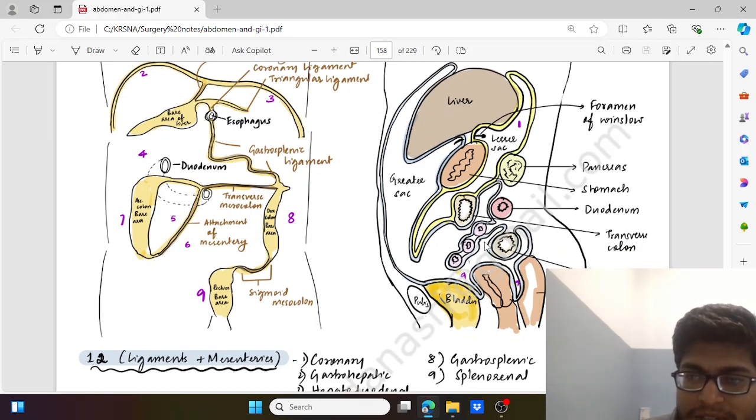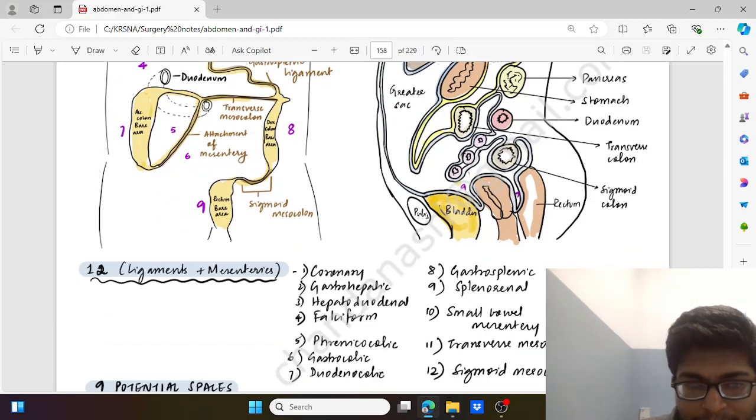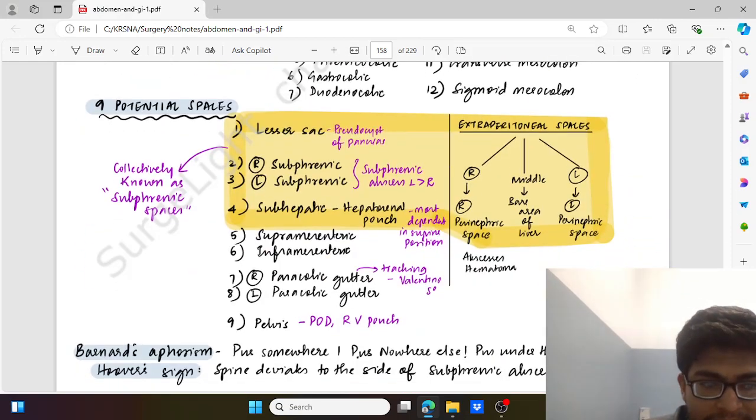And this is the transverse mesocolon, behind the colon. As we can see in the diagram, the liver, the stomach, the transverse colon, the duodenum, the pancreas, the small bowel with the mesentery, and the sigmoid colon, the uterus, the bladder, and the rectum posteriorly. So this was all about the spaces.